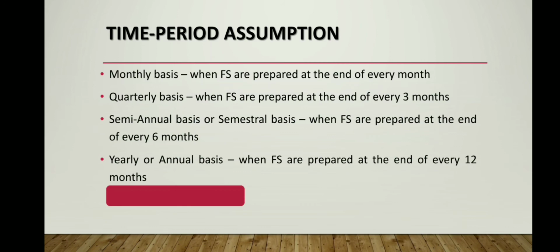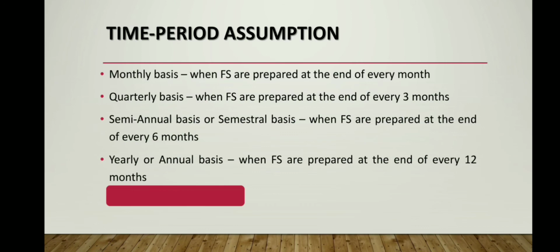If they wanted to know what happened with their investment every 3 months, financial statements must be prepared on a quarterly basis, and so on. But usually, business entities adopt an accounting period of 1 year, wherein the financial statements are prepared on a yearly or annual basis.